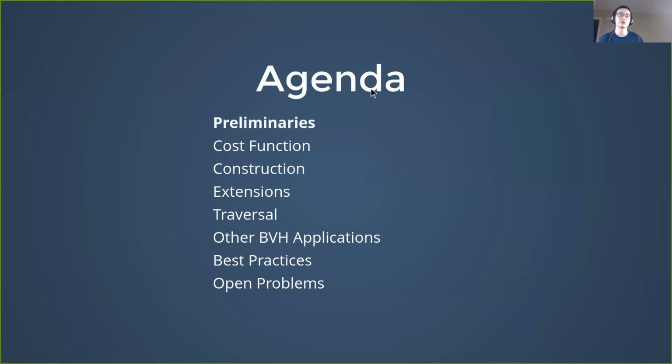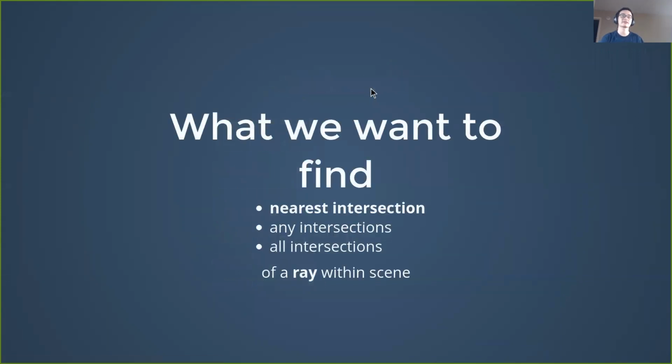So first we will talk about preliminaries. What we want to find with BVH is the nearest intersection, any intersection, and all intersections of a ray within a scene. Nearest intersection is what we usually want to find. Any intersection means whether a ray intersects with something at all.